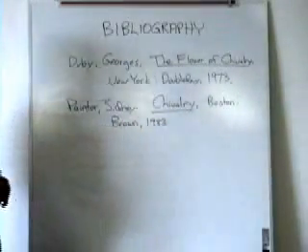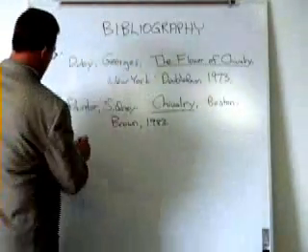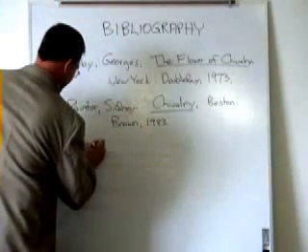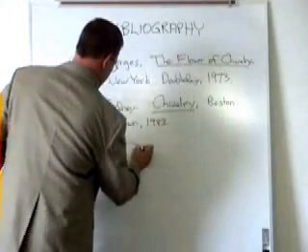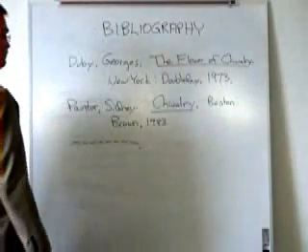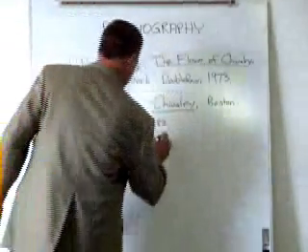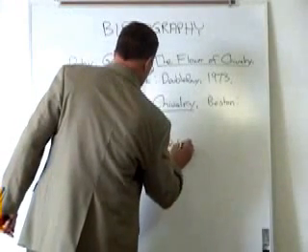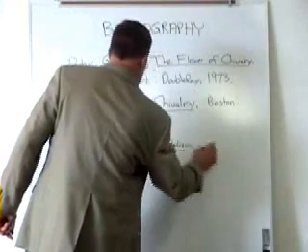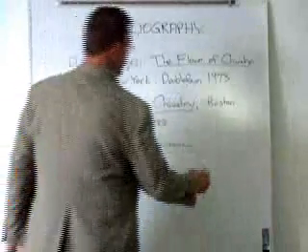Now, if you have 2 books by the same author, you simply use 8 hyphens, period, and the title of the book. Let's just say the title of this book was Feudalism.